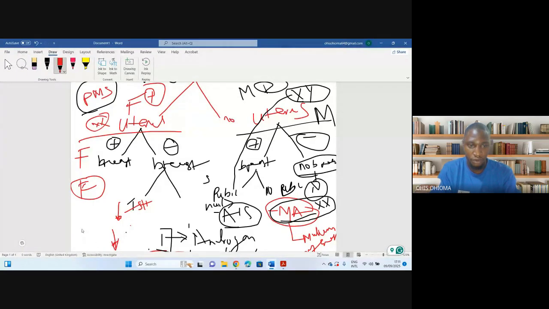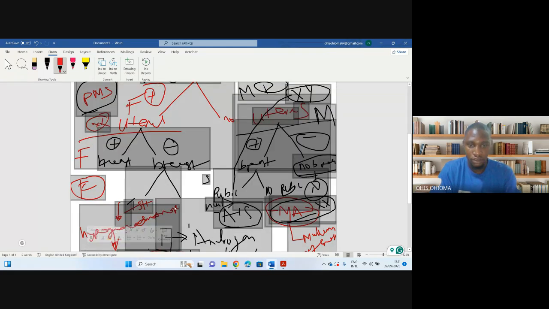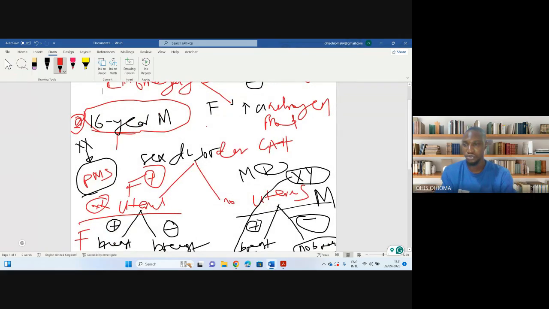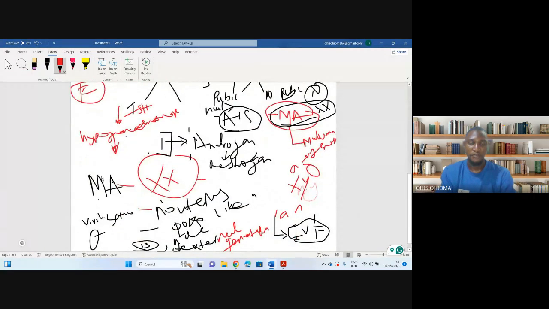So this patient will have what we call hypogonadotropic hypogonadism. If the FSH is reduced and estrogen is reduced, this patient will have hypogonadotropic hypogonadism.